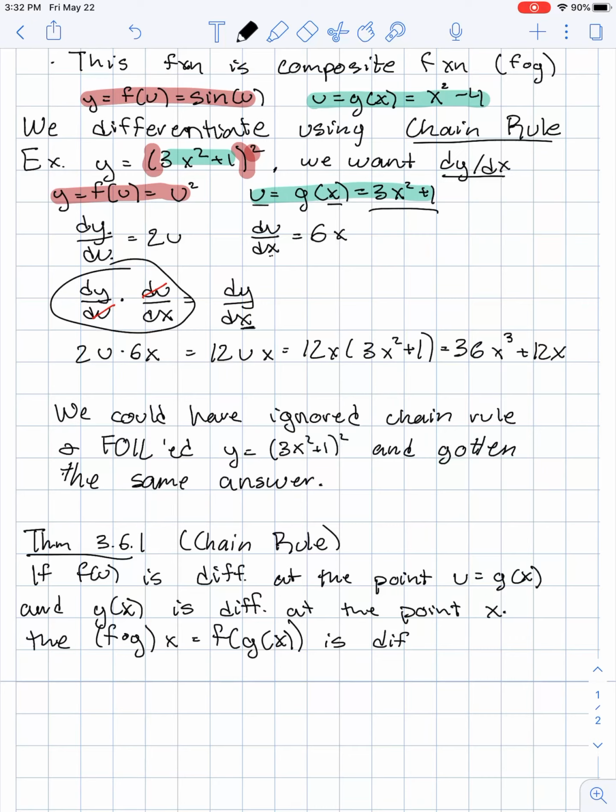I also think fog is a function. That's also differentiable.